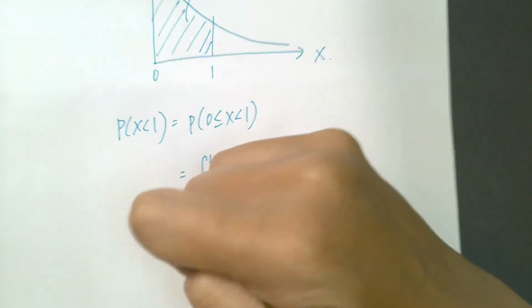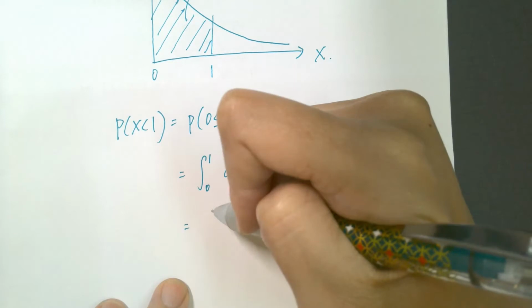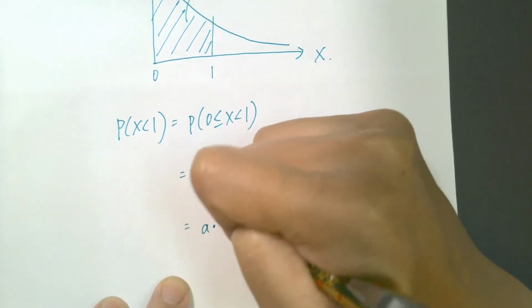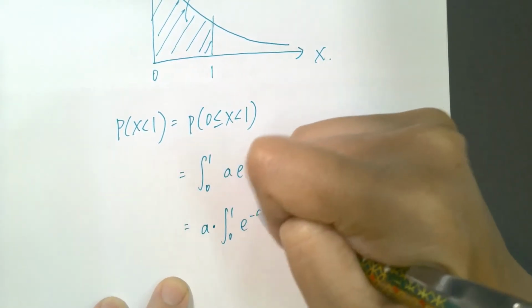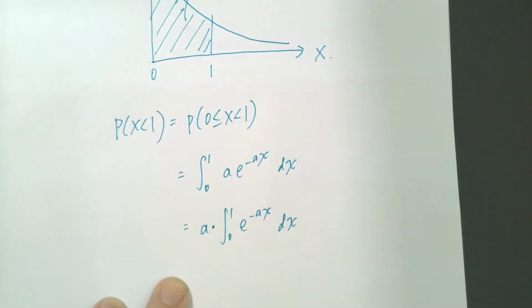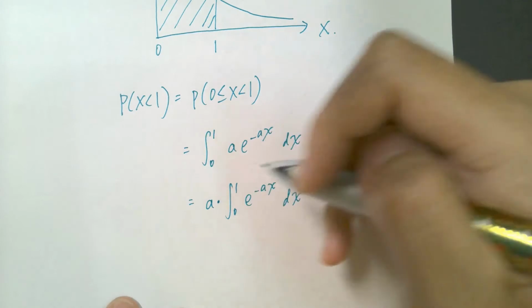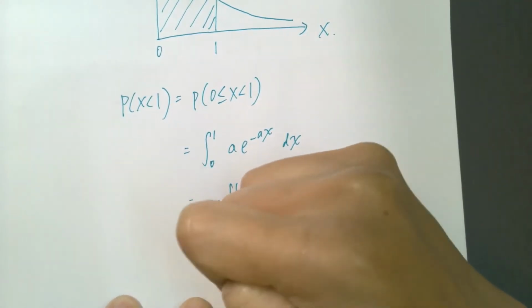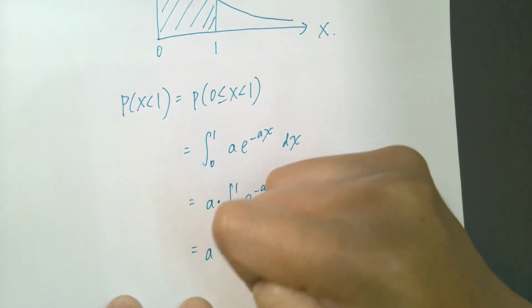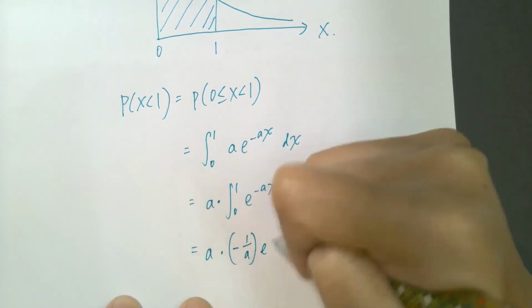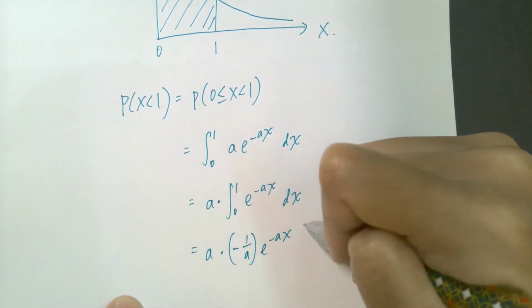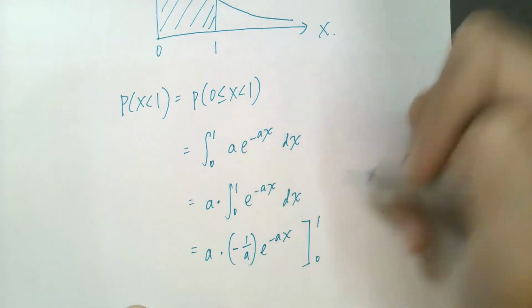So let's try to integrate this first. How are we going to do this? We can pull the constant a out, and then integrate e to the power of negative ax, which is the reciprocal of that, e to the power of negative ax, and this whole thing from 0 to 1.